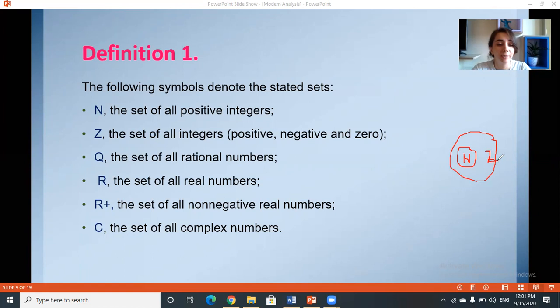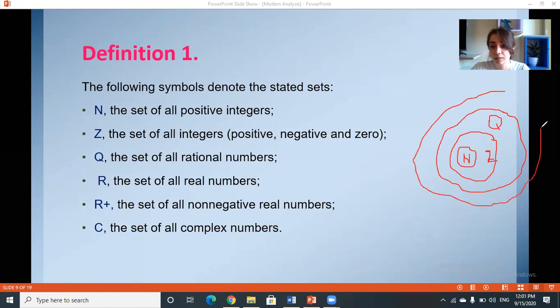Somehow. Okay, Q is the set of all rational numbers. It means that N and Z are included in Q. Let it be Q. Okay. R is the real number set. And here is our R. Great. And R plus is the set of all non-negative real numbers. Okay.